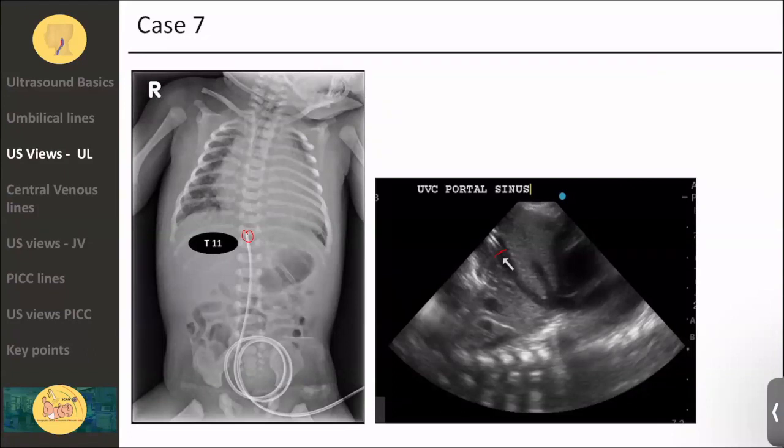It is mentioned very clearly: this is the portal sinus, this is the ductus venosus, this is the inferior vena cava, this is the hepatic vein, and this is the right atrium. So this confluence is there. The umbilical vein enters, then the ductus venosus, and one hepatic vein. After the ductus venosus, this is the point where normally we say that the UVC tip should be.